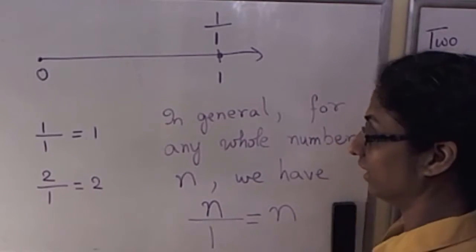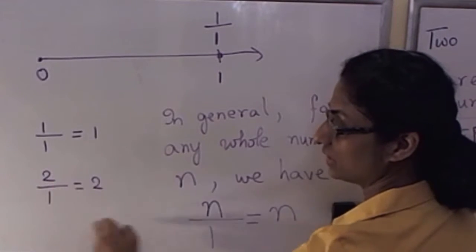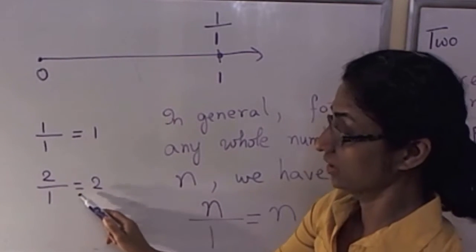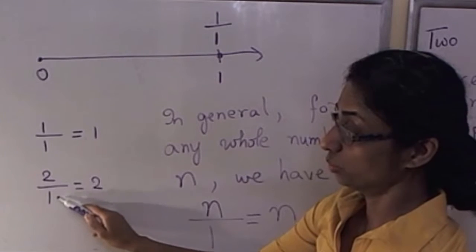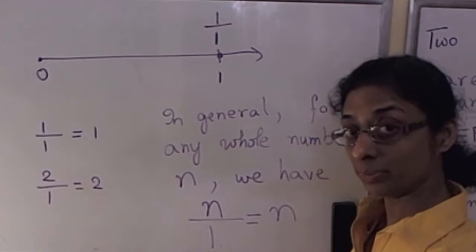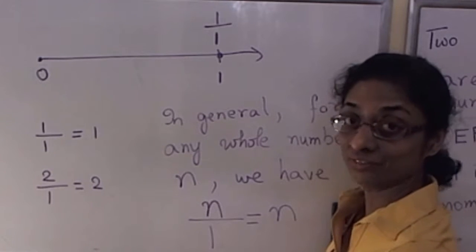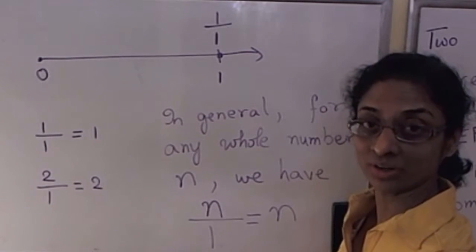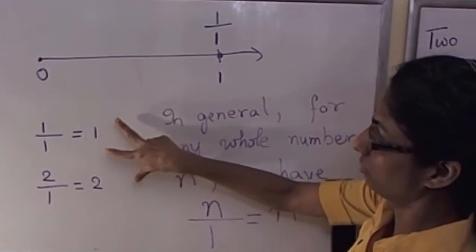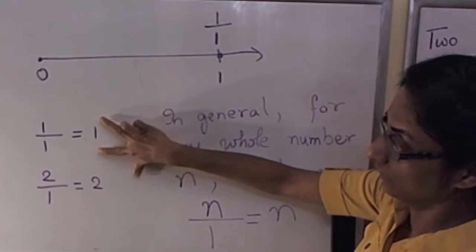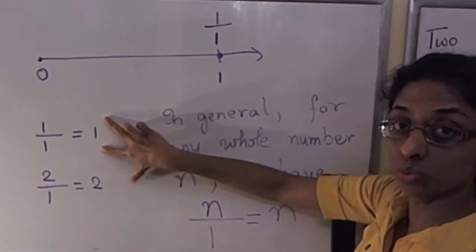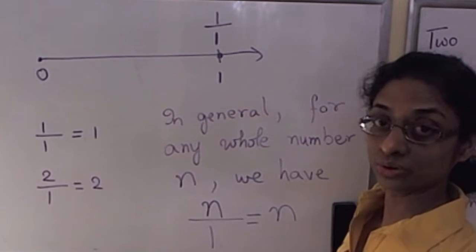If you remember that, then these are easier to remember. 2 over 1 is exactly 2. 2 over 1 can be thought of as 2 copies of 1 over 1, or 2 copies of 1, and that means 1 plus 1, which is 2. So if you can remember this picture, that helps us see why 1 over 1 equals 1, then you're good to go.